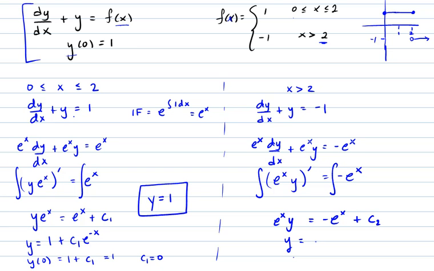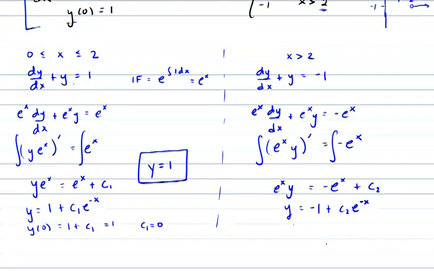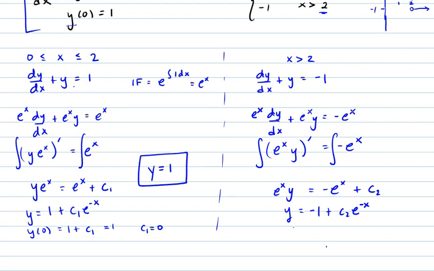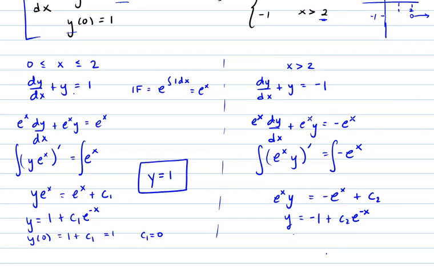Finally, y then is minus 1, if I multiply times e to the minus x, plus c2 e to the minus x. Now here comes the interesting part in this type of problem, and it is finding c2.